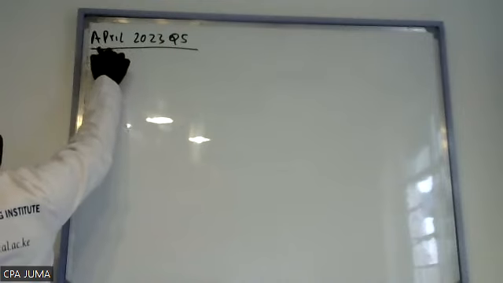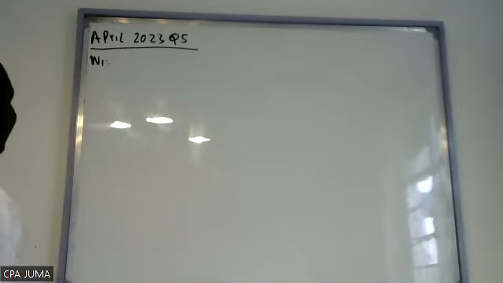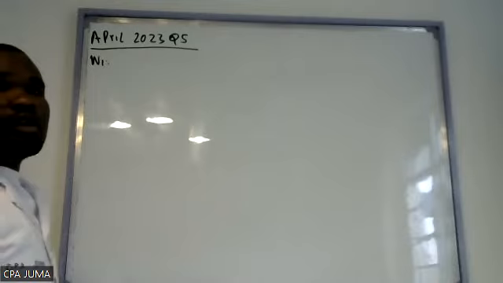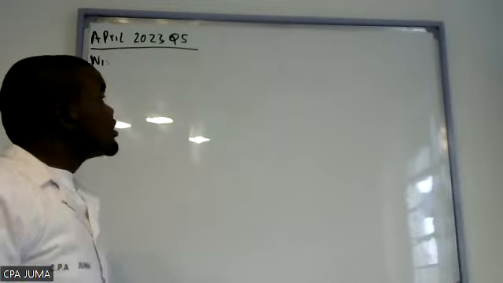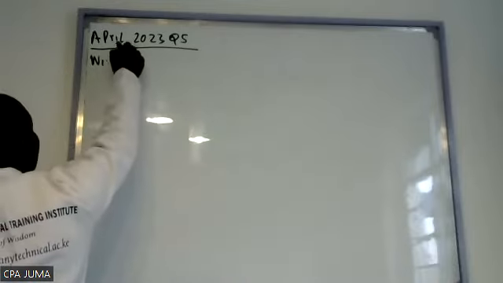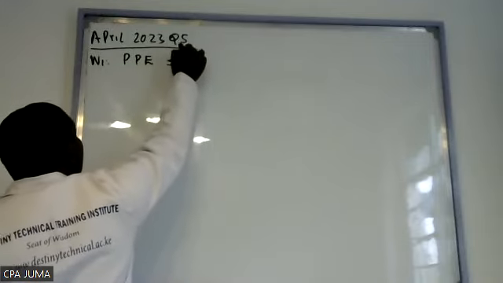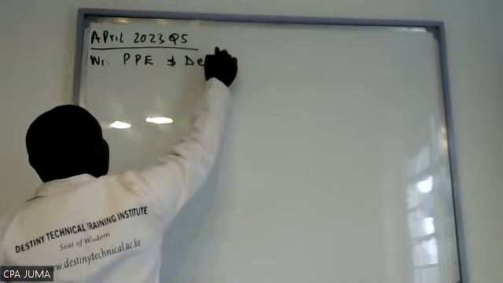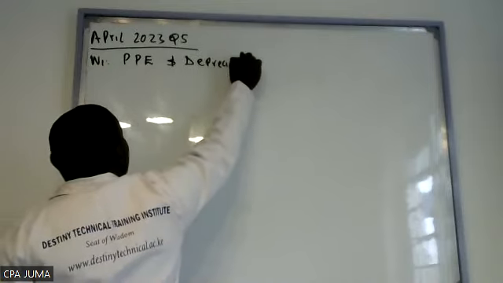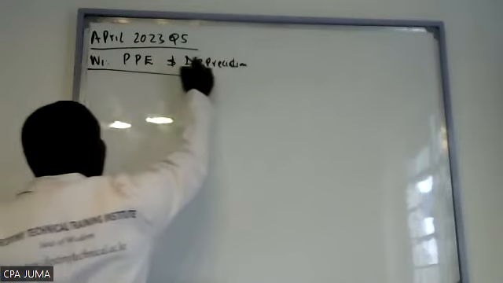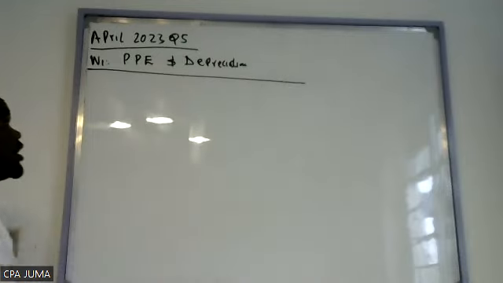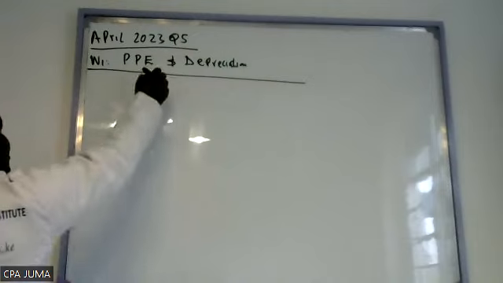So working one, but also we can be smart. You say working one, PPE and depreciation. Those ones you can combine to make your work easy. You can combine those two, PPE and depreciation.